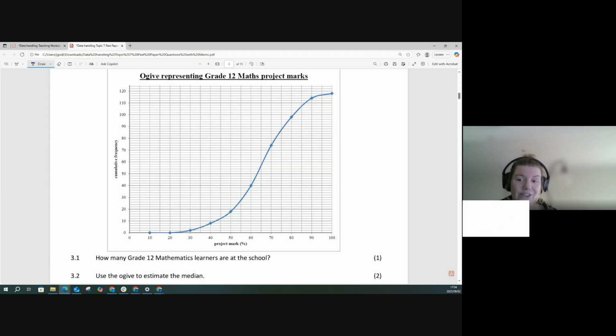Definitely is 118. So, because that would be 120. So each of these would be jumping up by 10. So we have 118 learners. I'll give you a little bit of time to try and figure out the median.